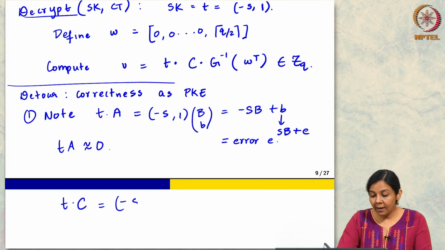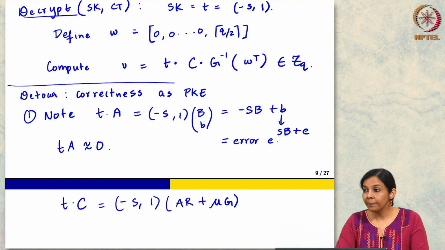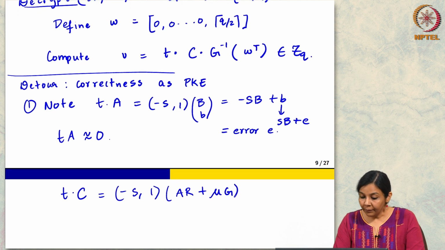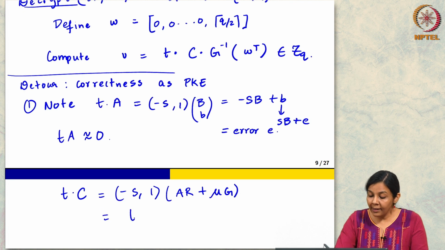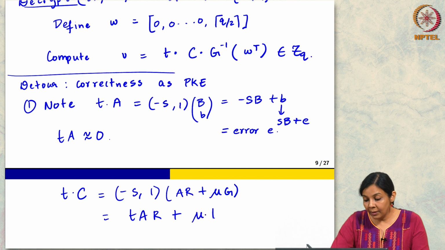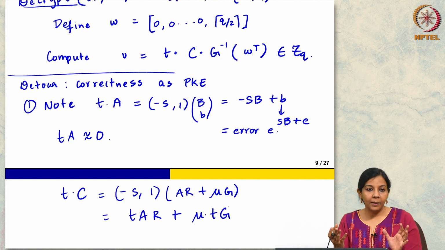Okay, very good. So, now let us next see what is T times C for some ciphertext C, right. So, T is (minus S, 1), C is what? C is AR plus mu G. So, T times AR plus mu T times G. Why do I take mu out? Because it is just a bit.